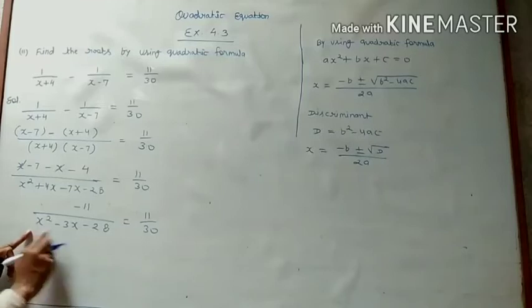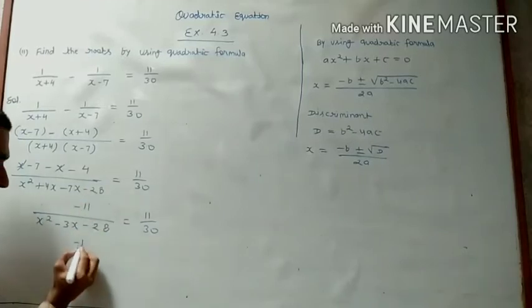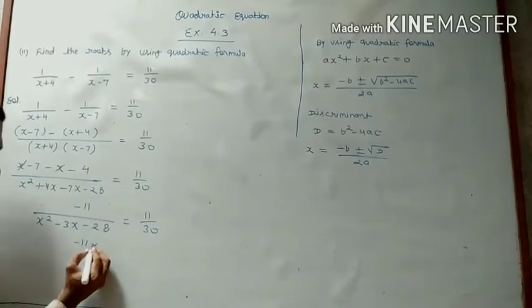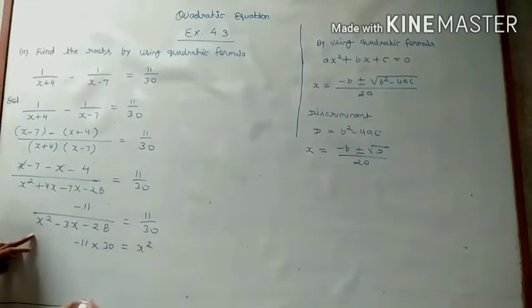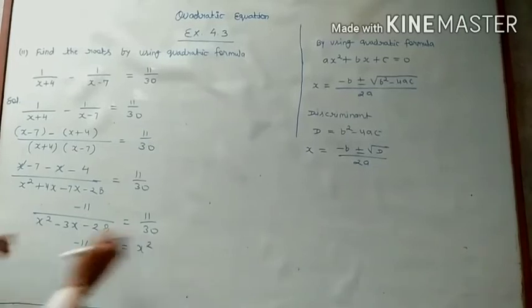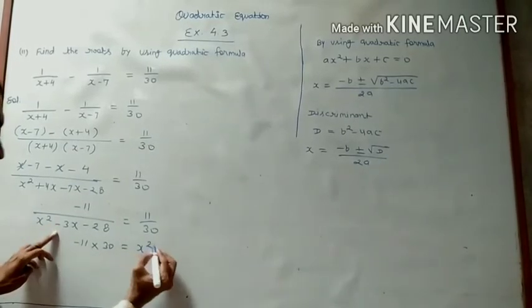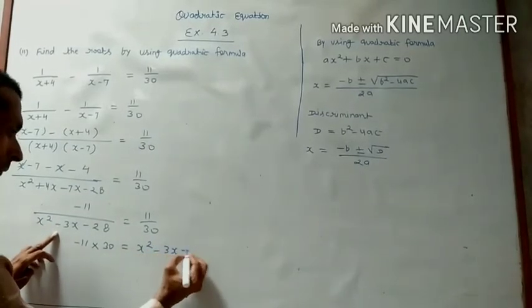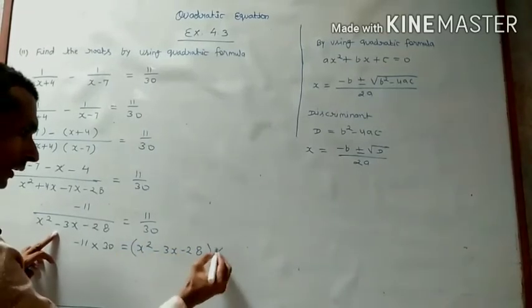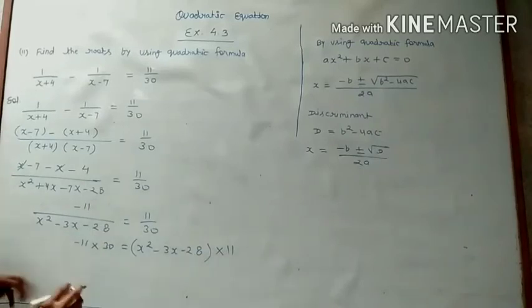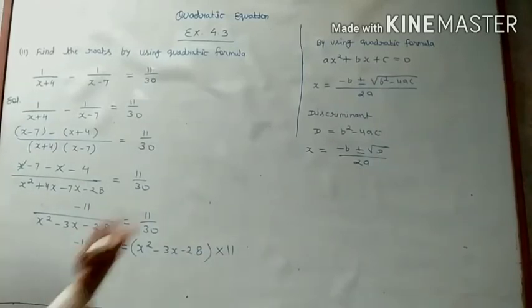This value you have to cross multiply. Minus 11 into 30 equal to x square. x square as it is here. So x square minus 3x and minus 28, multiply with 11. Okay, so here it is also 11. So you can move this one.